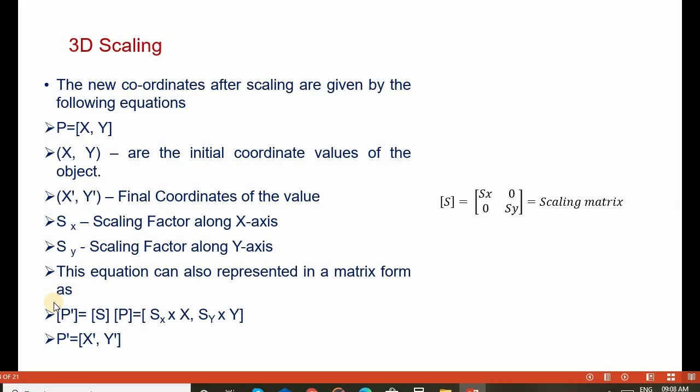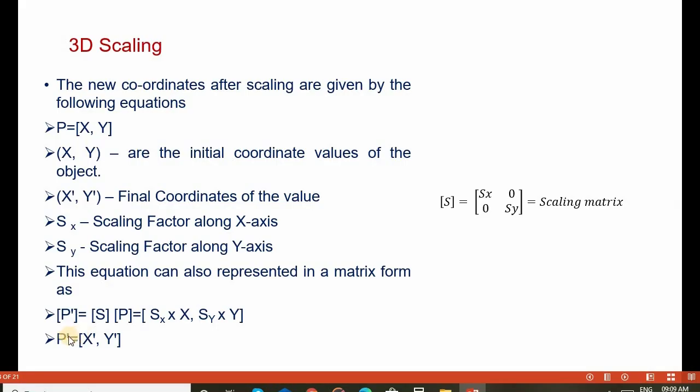The original object P has the x, y coordinates, which are the initial coordinate values, and Sx and Sy are the scaling factors along the x-axis and y-axis respectively. By multiplying the scaling factors with the original coordinates, we get the new object coordinates, x dash and y dash.